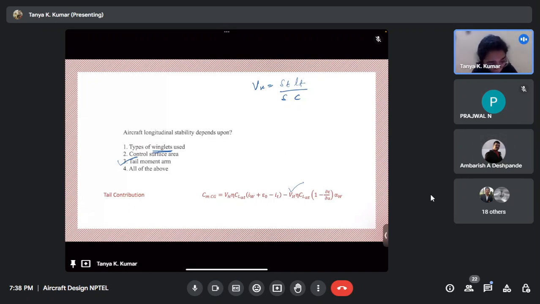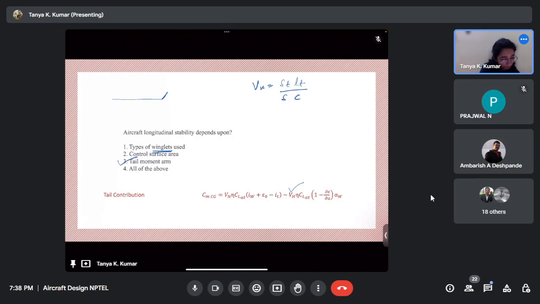When you see from behind or from front, if this is the wing, the winglet is something like this, right? It bends upward and tapers towards a point, so that the magnitude of the vortices generated is greatly reduced. So winglets are something that we introduced to reduce the wingtip vortices.